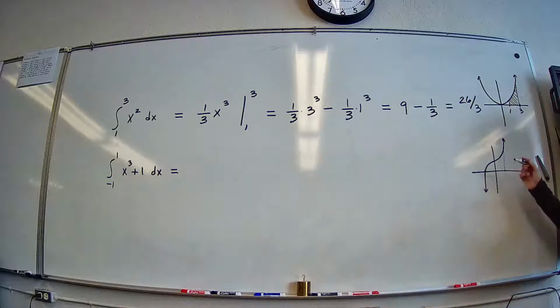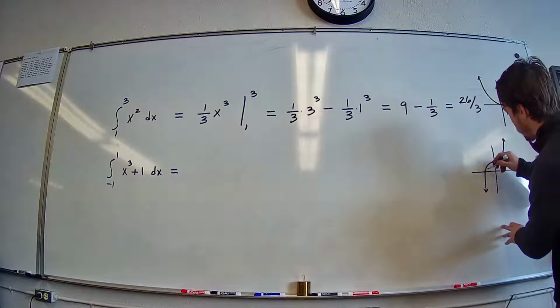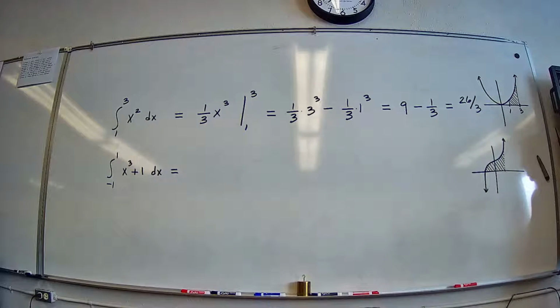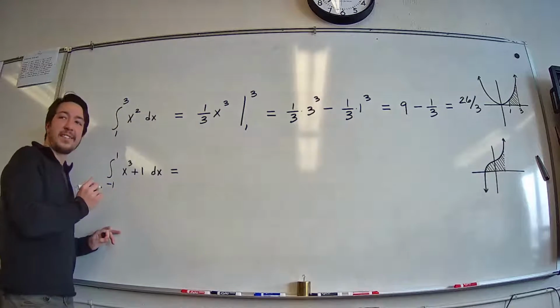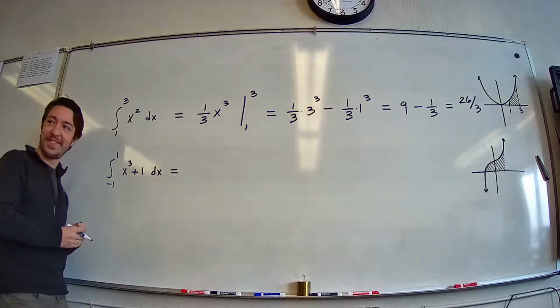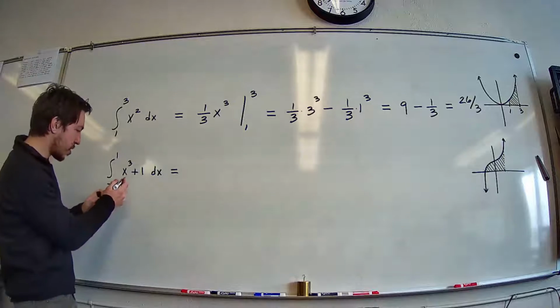When you shift it up 1, now the x-intercept is -1, and so my area is now going to be all positive. That's a weird looking shape, isn't it? What will be the area? Any guesses? 1/2? 2? It's not 0, right? All right, let's see what happens.